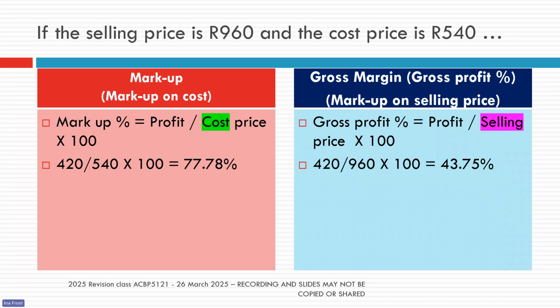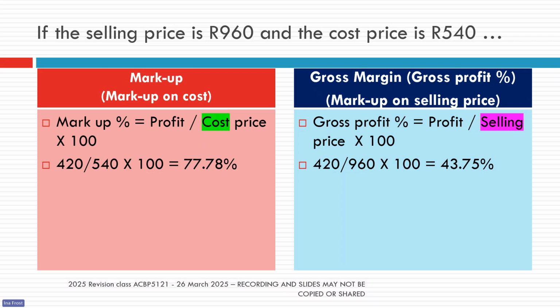And if we look at it in numbers, if I am selling at 960 rands an item with an original cost price of 540 rands, the markup percentage comes to 77.78% because I take the profit over the cost price, and the gross margin percentage is only 43.75%.